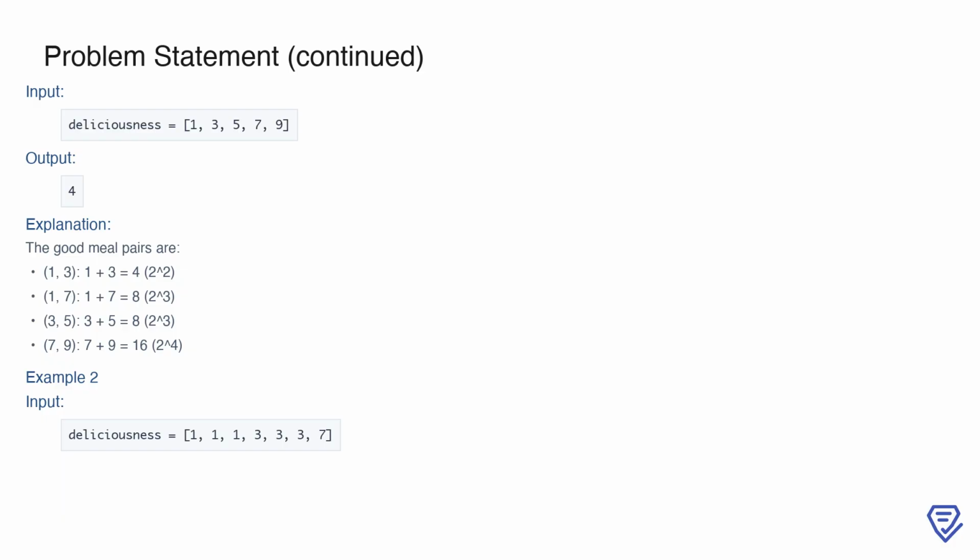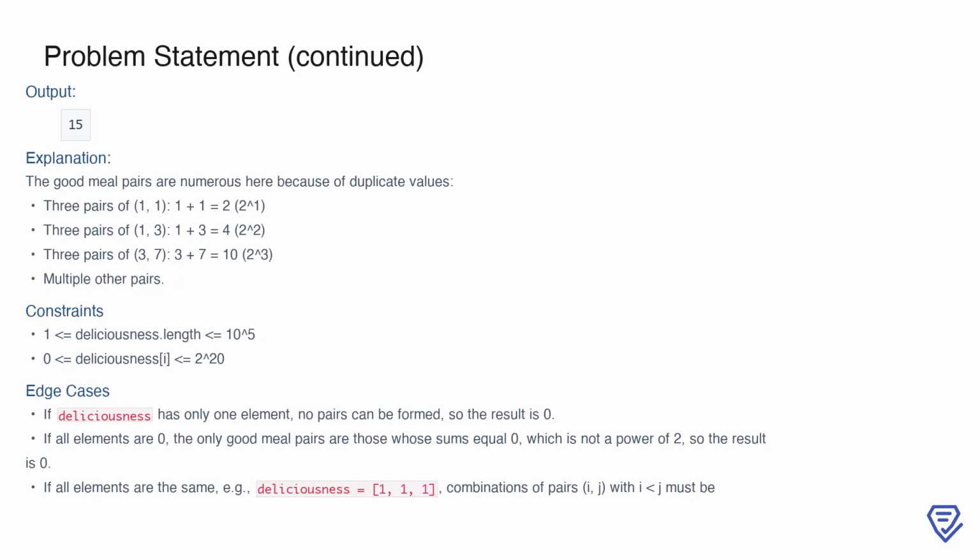Here's another example where the input array is deliciousness equals 1, 1, 1, 3, 3, 3, 7. The output for this input is 15, which includes many good meal pairs due to the repeated values in the array. For instance, there are 3 pairs of 1, 1, since 1 plus 1 equals 2, which is 2 to the power of 1.